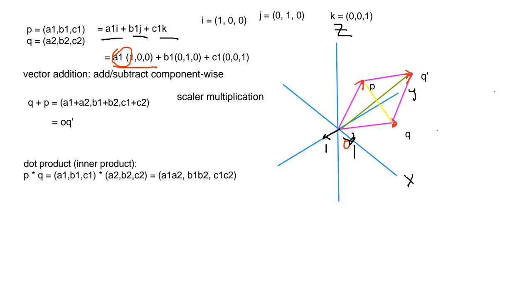So A1 times 1 is just A1, A1 times 0 is 0, A1 times 0 is 0 again. So A1i has first component A1, second and third components 0.